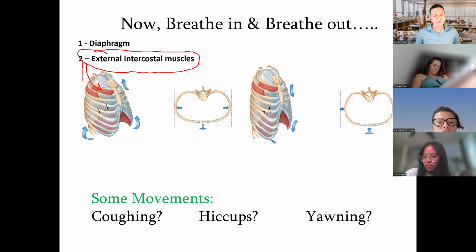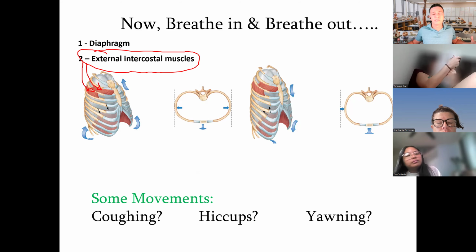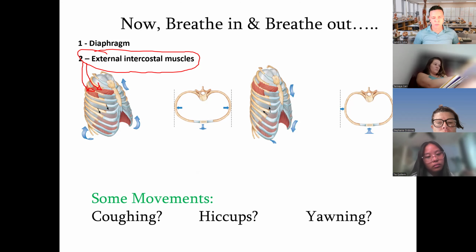In between every rib, there is a layer of muscle called the external intercostal muscle. When we contract the external intercostal muscle, we're going to have an increase in the thoracic cavity, and that's going to cause inhalation. When we relax the external intercostal muscles, we're going to have a decrease in the thoracic volume, and that's going to lead to exhalation. Okay?